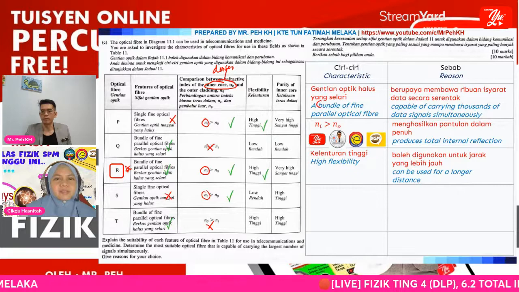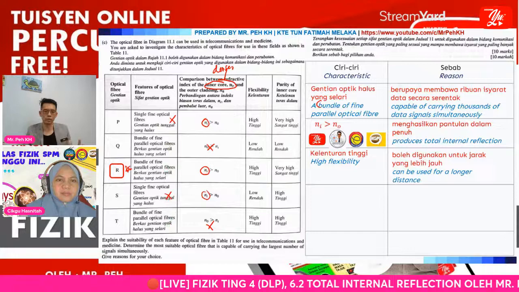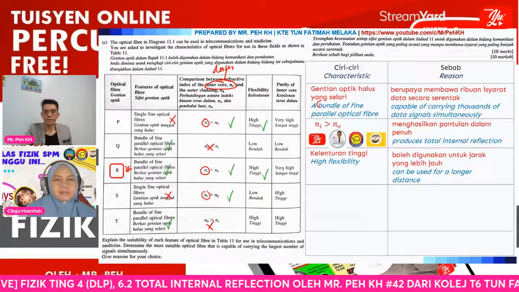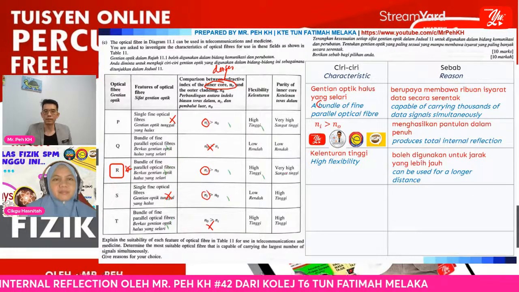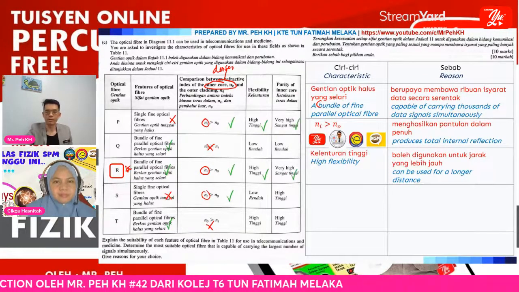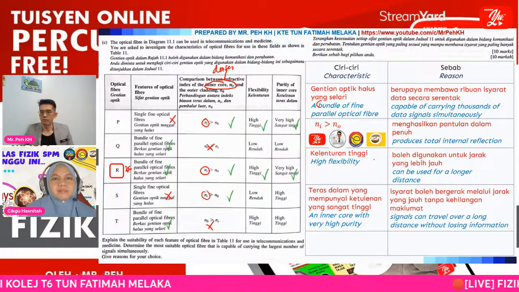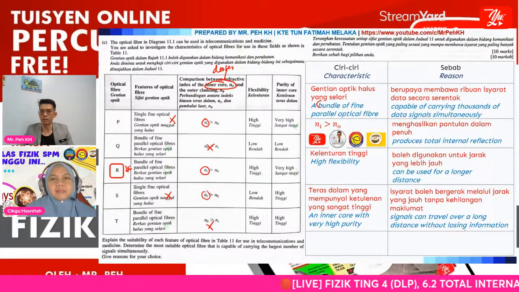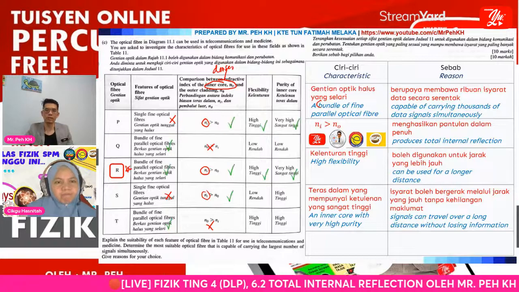Because the flexibility is higher, the fiber can be bent in different directions. Then the next, very clear that the purity of the inner core will be very high. So the reason is that the signal can travel over a long distance without losing information.